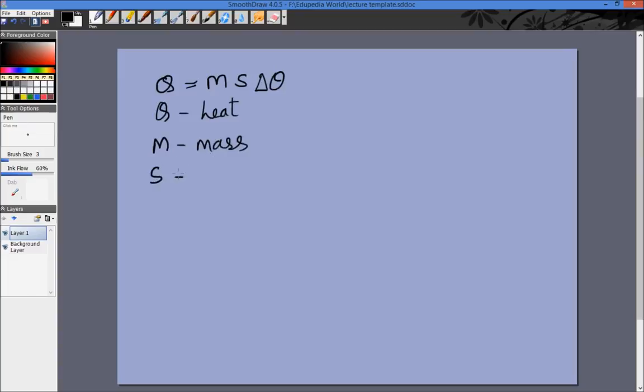S is a particular quantity specific to every material, and it is called the specific heat of that material, or sometimes the specific heat capacity. And delta theta is the temperature difference.